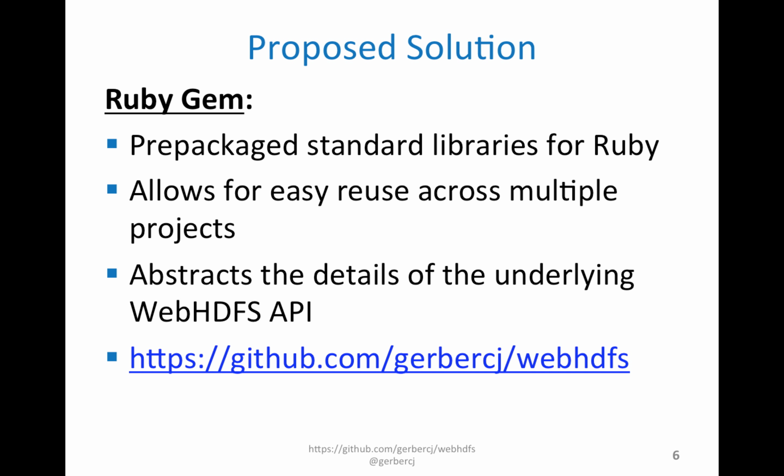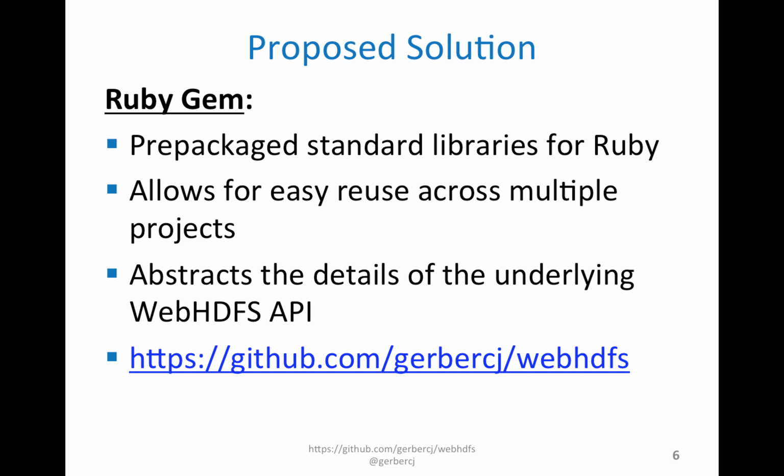As part of our proposed solution, I've indicated that I wanted to create a Ruby gem. Ruby is a standard programming language available on modern machines. A gem is essentially a prepackaged standard library for Ruby. By using a gem, it allows for easy reuse across multiple projects.